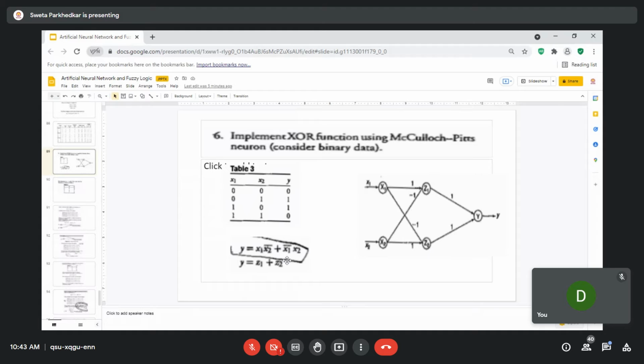Okay. So for the first function you will consider Z1.